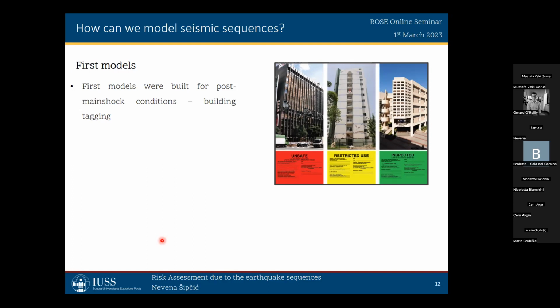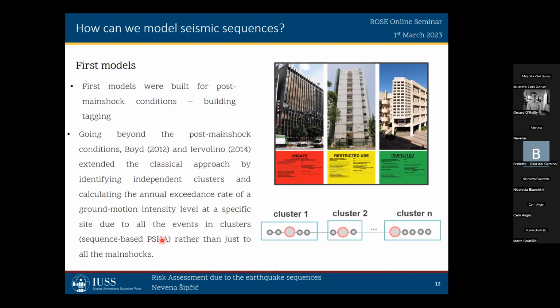This was later extended by Boyd in 2012 and Iervolino in 2014, and they were identifying independent clusters, and they were calculating the exceedance rate of ground motion intensity level at a specific site due to all events in the clusters, rather than just due to the main shocks.